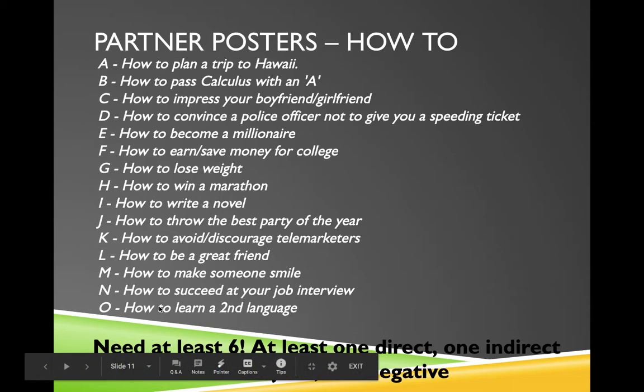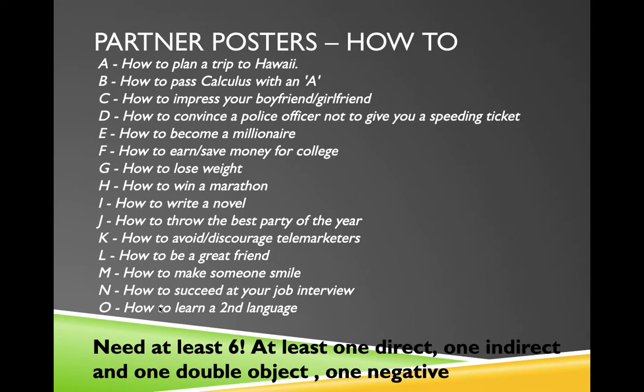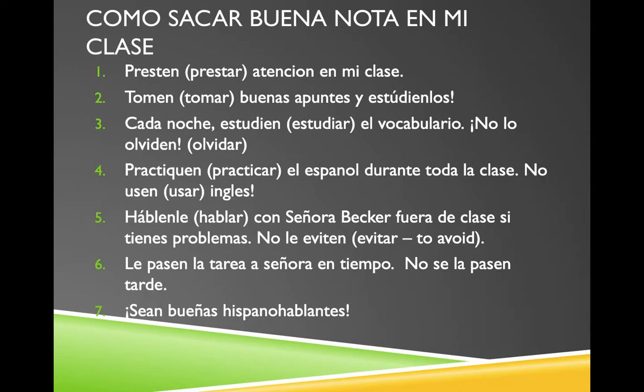The mom would be the indirect object, and the double objects would be replacing the words phone and mom, so pass it to her. Whether you use affirmative commands or negative commands is up to you, and then one negative command will naturally happen. So I'll show you my examples.